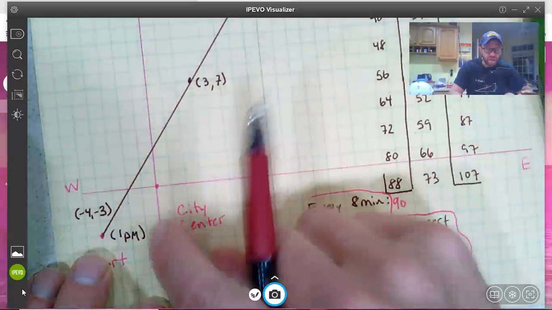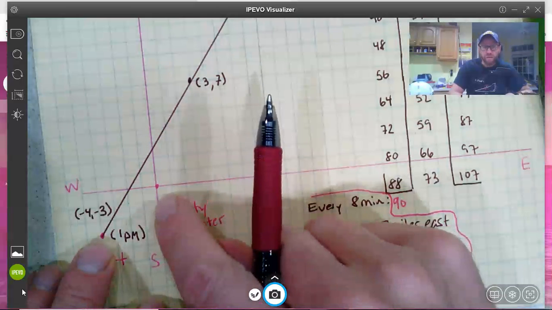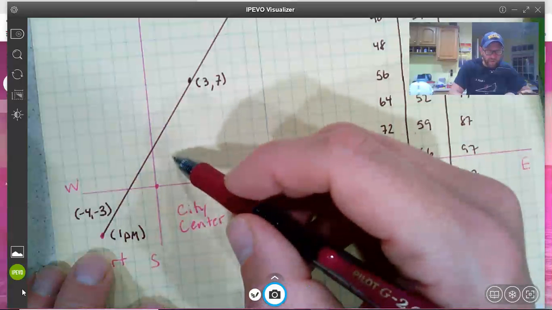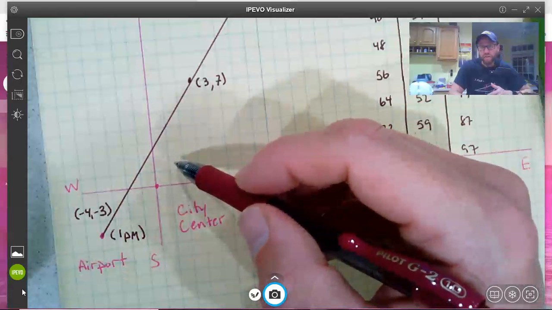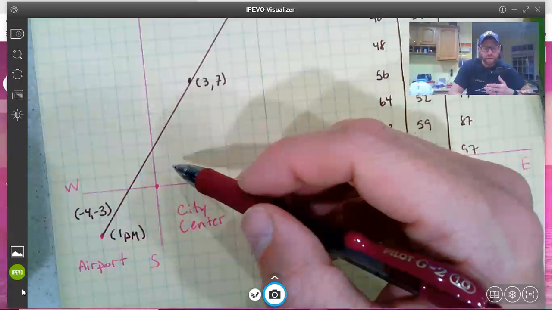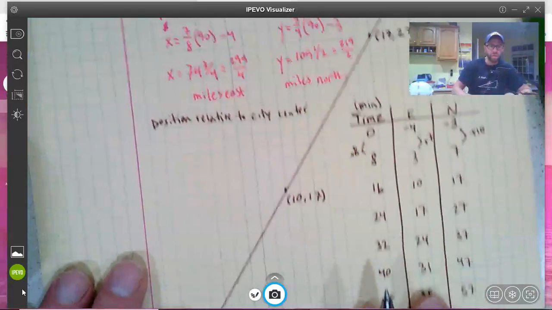So we just need to take 4 miles off of our east distance and 3 miles off of our north distance. So wherever I'm at, I'm actually 4 miles closer in the east direction, in the x direction, and 3 miles closer in the north direction. So that's pretty easy to do.